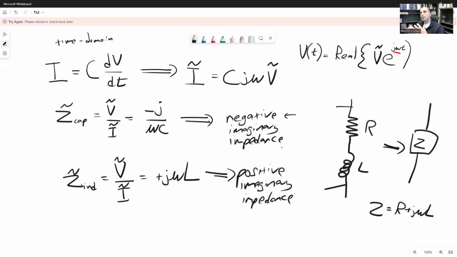And you can do the same thing with resistors in parallel. You can treat them just as if these were resistors and apply the same mathematical techniques that you would have in your circuits courses.